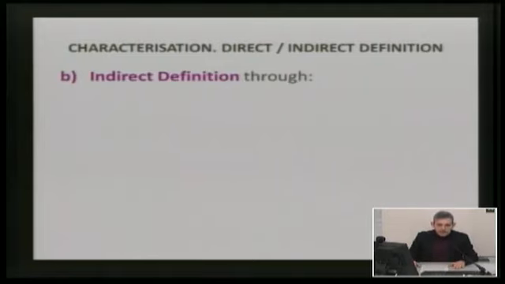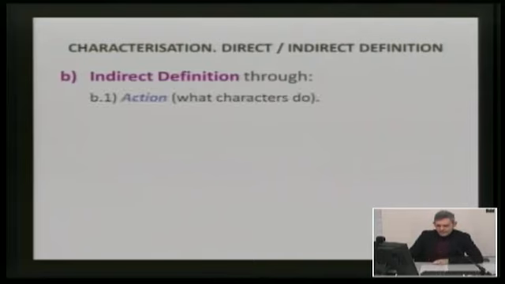The opposite would be obviously indirect definition, which is implemented in a number of ways. So indirect definition through action, what characters do, and again an example from Pride and Prejudice, when Elizabeth decides to walk to Netherfield.